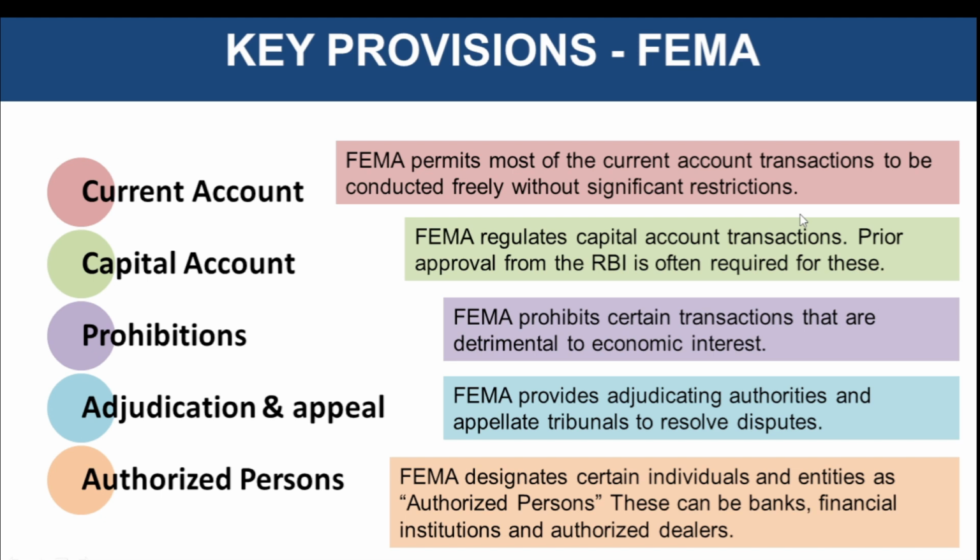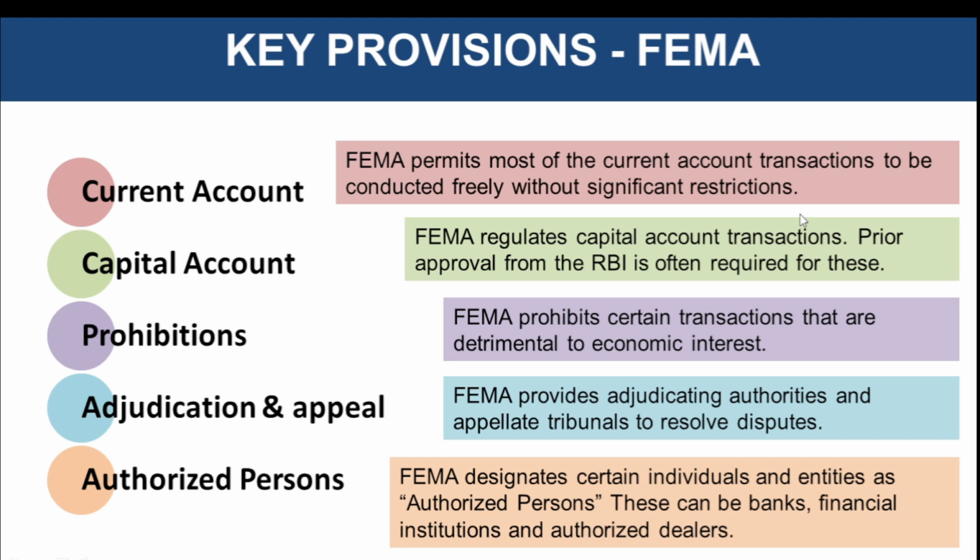For example, right now, authorized dealers, whom we call as banks, may freely allow remittances by individuals up to USD 250,000 per financial year, not more than that. The maximum limit is 250,000 for a financial year. So FEMA is also providing the ceiling level, the amount of remittance that can be done during a particular year.